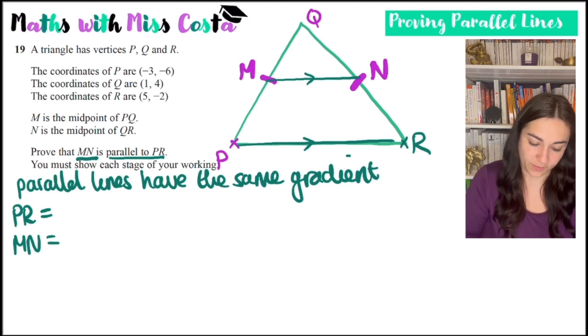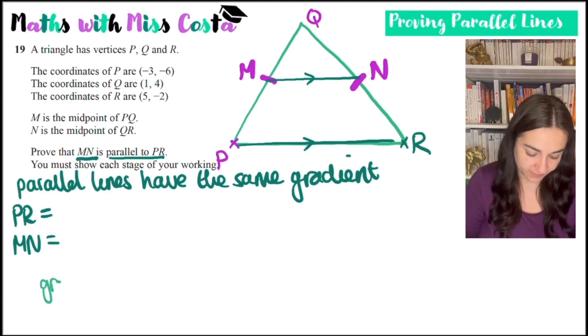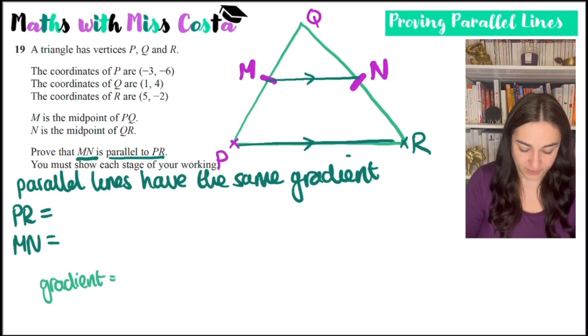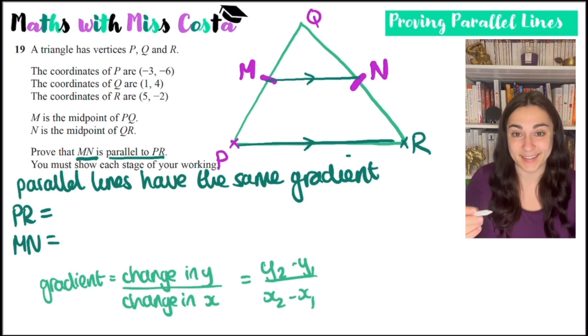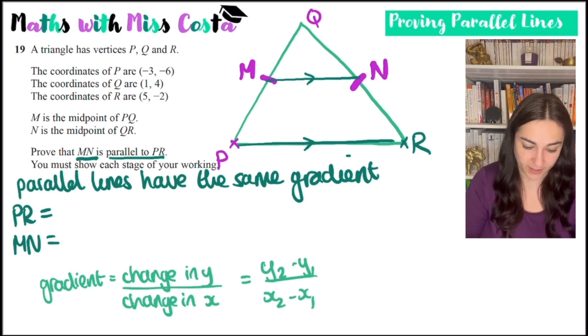So how can I do that? Well, to work out the gradient of a line, I have to do the change in the y coordinates divided by the change in the x coordinates. And the shortcut way is saying y2 take y1 over x2 take x1, which just means the second y coordinate take away the first y coordinate.